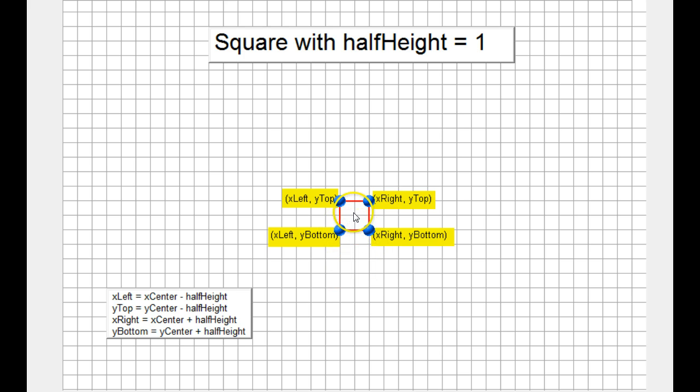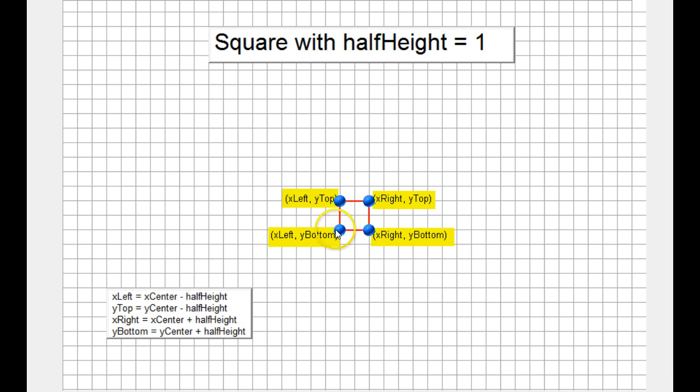And so how do we calculate? Well, our x center is right here in the middle. To get x left, we just take x center minus half height. Half height might not be the best name. Maybe I should have said half side, but the height and the width are the same. If we start at the center and subtract half the height that the square is supposed to be, so if we subtract 1, we'll get our x left coordinate.